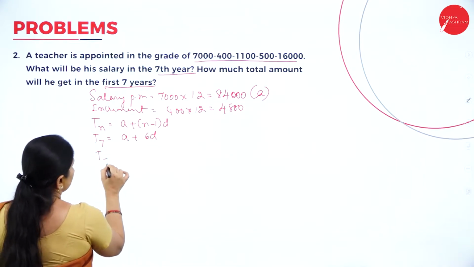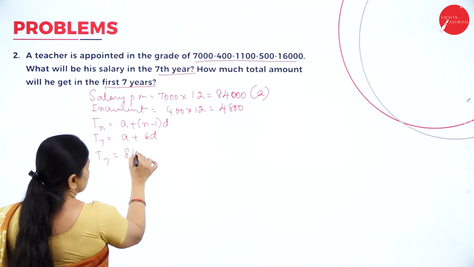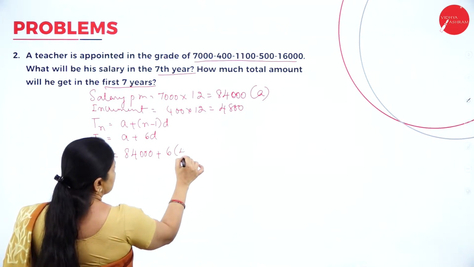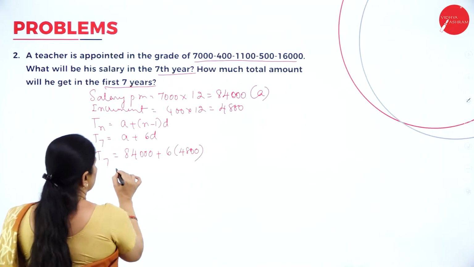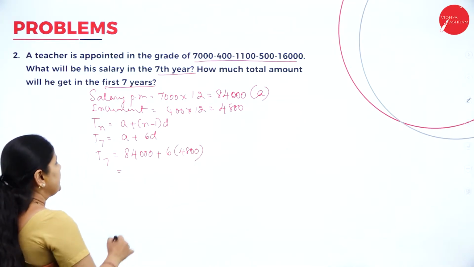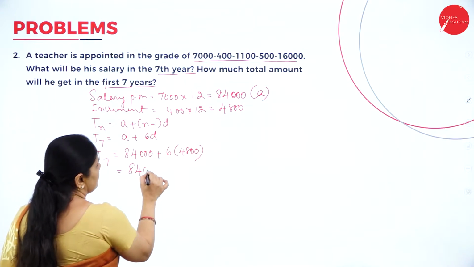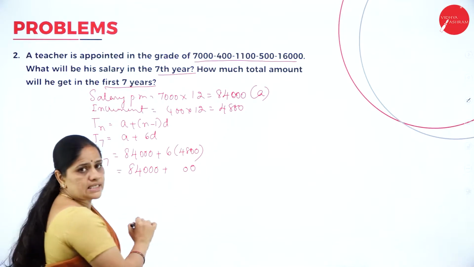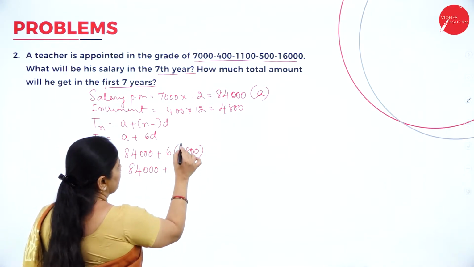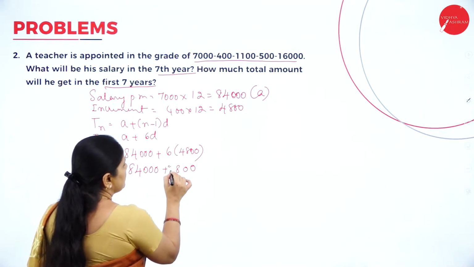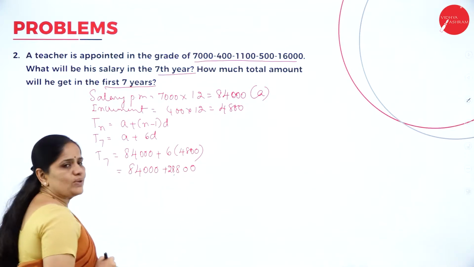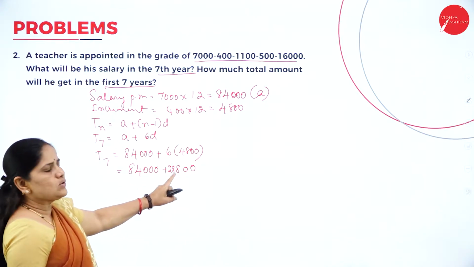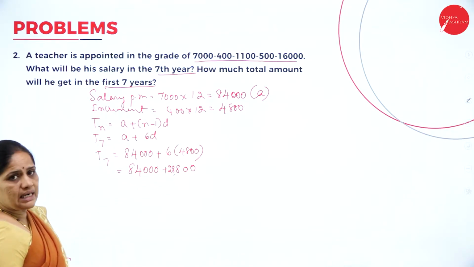So, T7 will be 84,000 plus 6 into 4,800. So, we get 84,000 plus 6 zeros are 0, 6 zeros are 0, 6 8s are 48, 6 4s are 24, 24 plus 4 is 28.